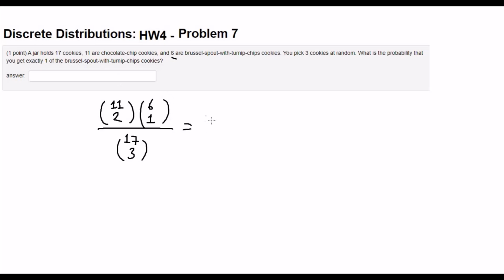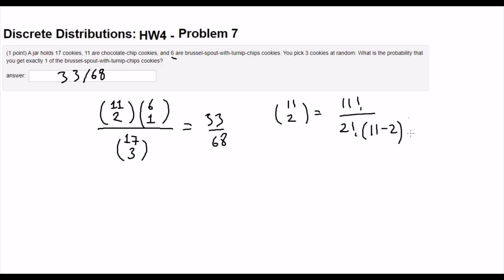So the answer of this will be 33/68. And by definition, 11 choose 2 means 11 factorial over 2 factorial times 11 minus 2, the quantity factorial. Likewise, 6 choose 1 and 17 choose 3.